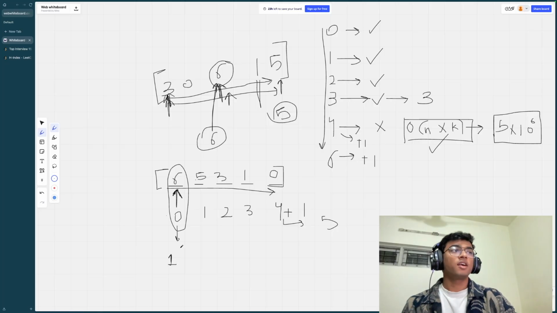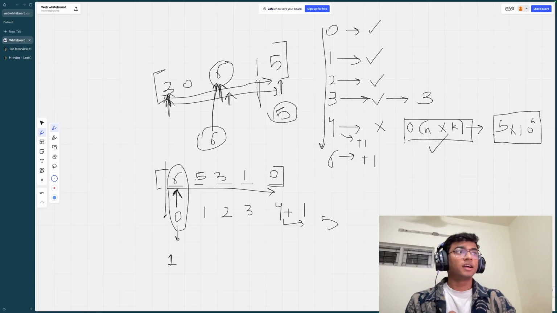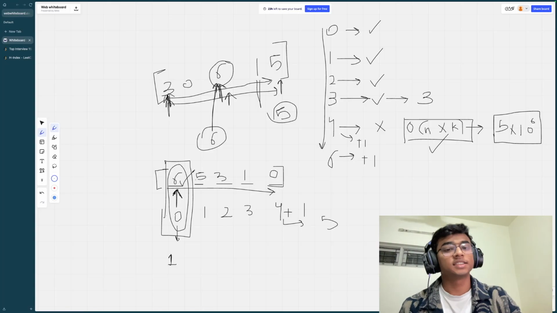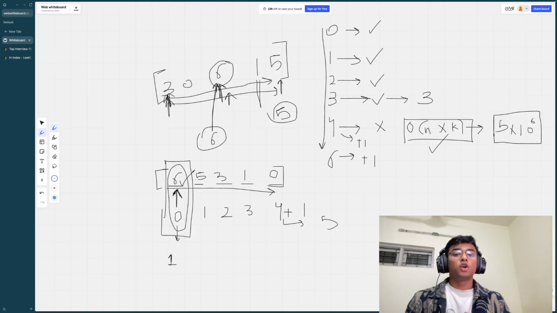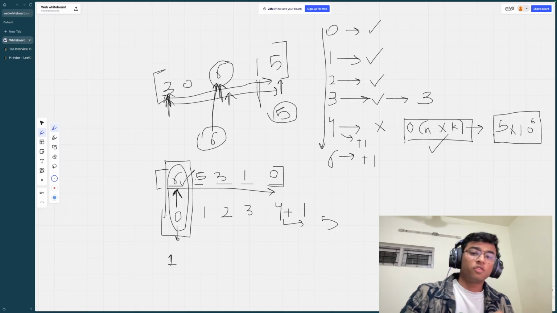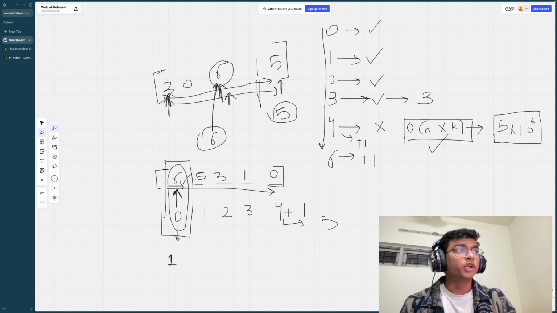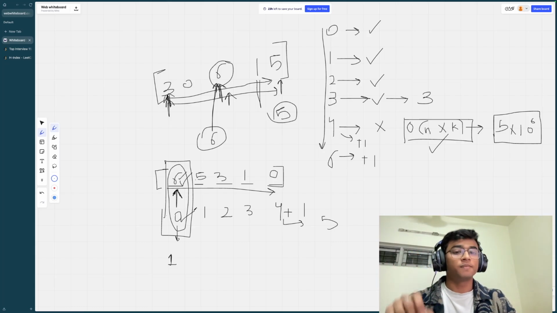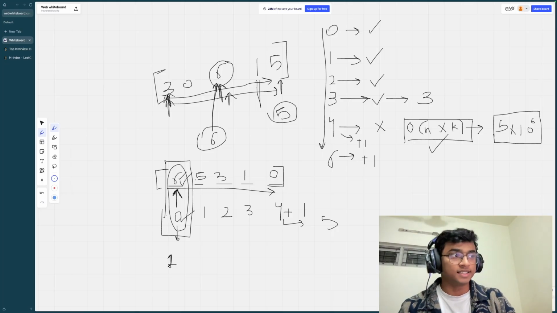What I mean is, when we see the first value in our descending ordering of this array, there are 6 citations, and for this index to be the h-index of that researcher, we need the number of citations to be greater than or equal to index plus 1. So 6 is greater than or equal to 1, hence the h-index of 1 is satisfied.